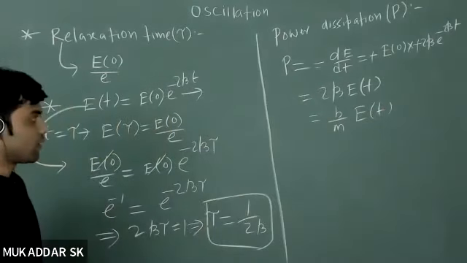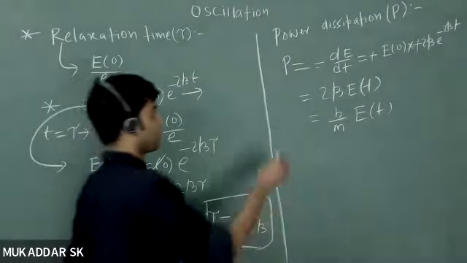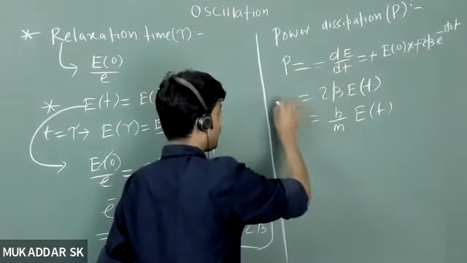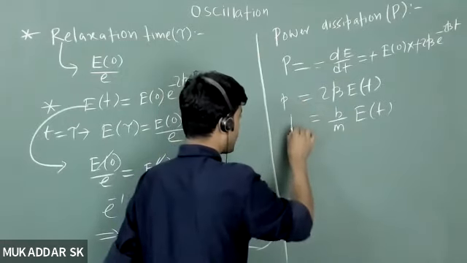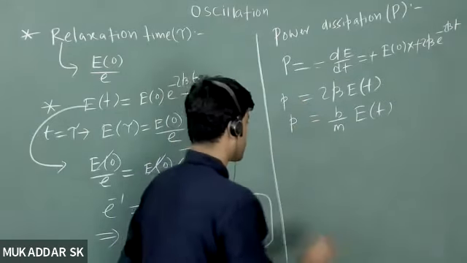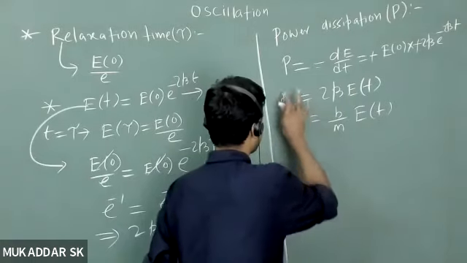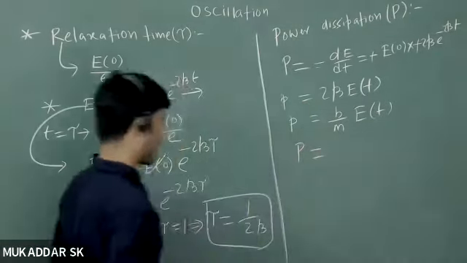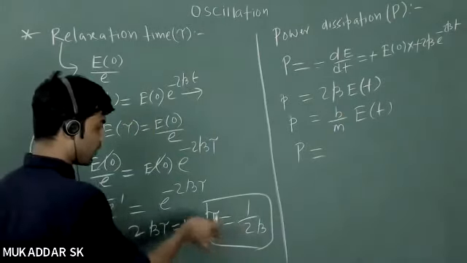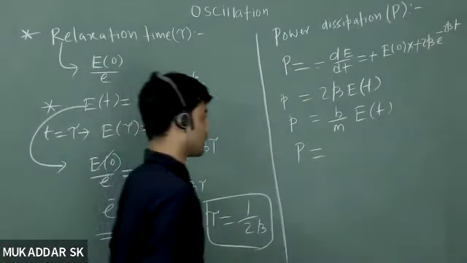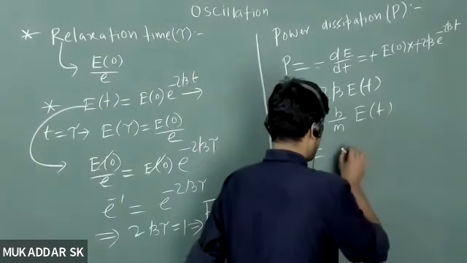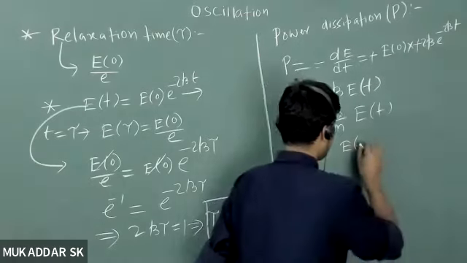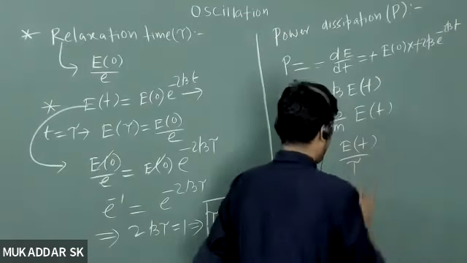So there are different forms. Power dissipation, or rate of energy loss, can be defined like this, and also like this. In addition, I have just calculated that 2 beta is nothing but 1 by tau, so you can use this formula also: power dissipation will be E(t) divided by tau.